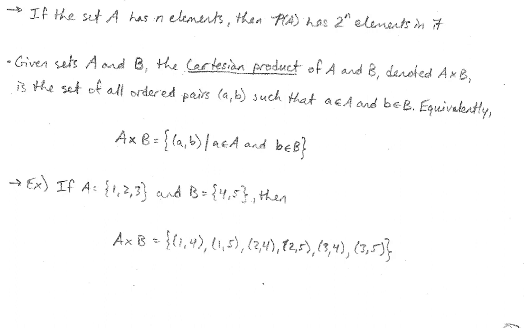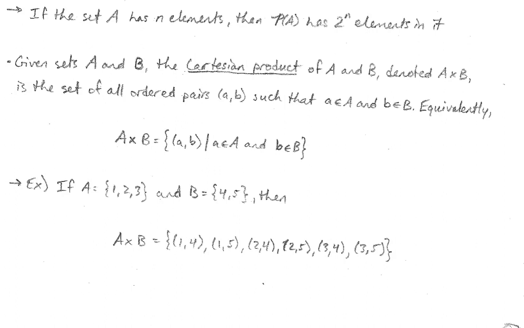So (1, 4), that is 1 element in my Cartesian product. I can then take that 1 once again, and then I can take 5 from B, and that will form another ordered pair. And I can keep going through with this same process. Pick a guy from A, pick a guy from B, make those the first and second listed numbers in your ordered pair. You have an element of your Cartesian product.